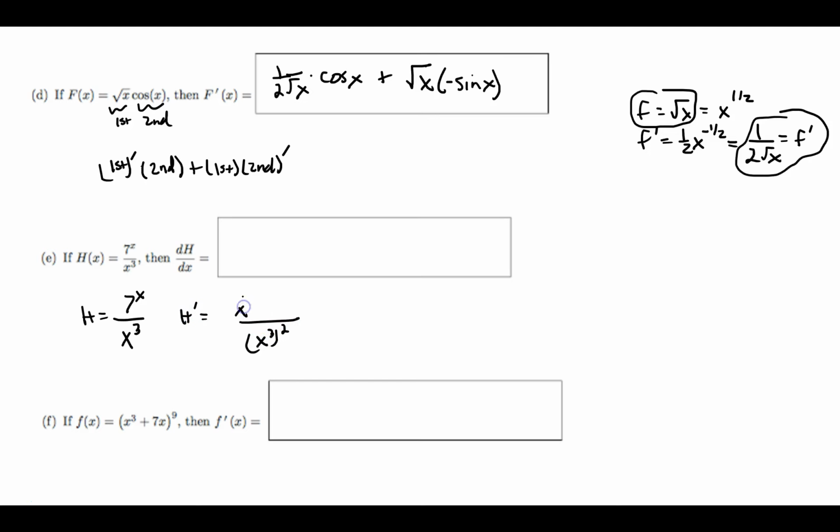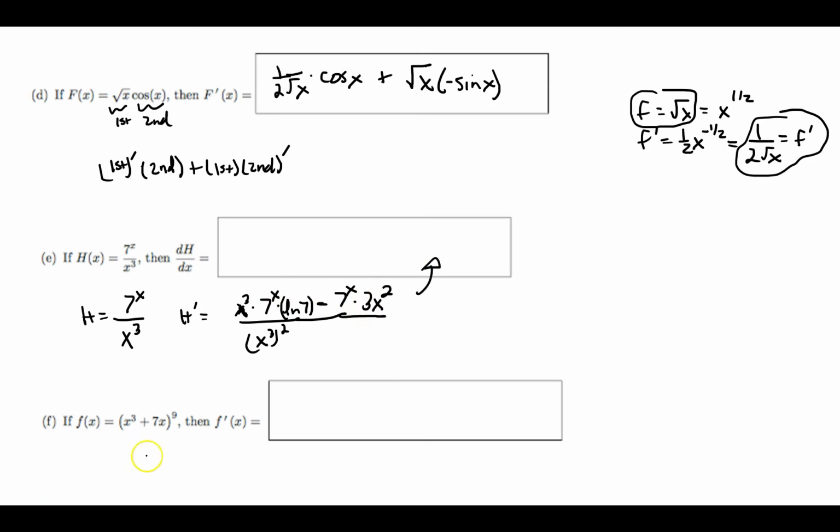Then you bring the denominator up to the numerator, and you multiply by the derivative of the numerator. It's an exponential, so you repeat it and you multiply by the natural log of the base. Then you put a minus sign and you leave the numerator alone and take the derivative of the denominator, power rule, 3x squared. So essentially that's it. That's going to be your derivative. I could put that in the box there.